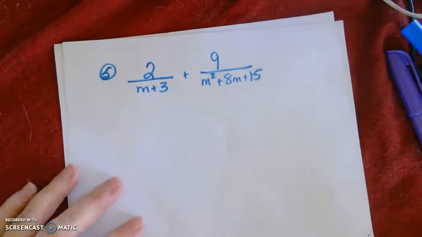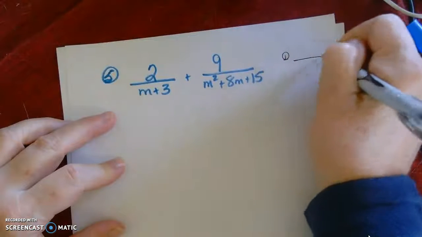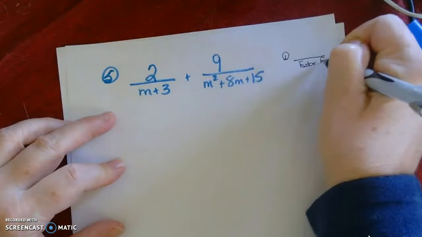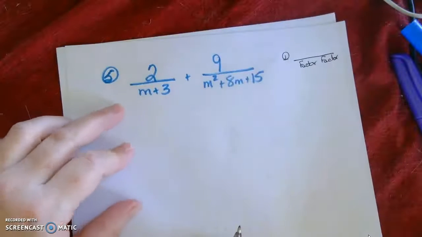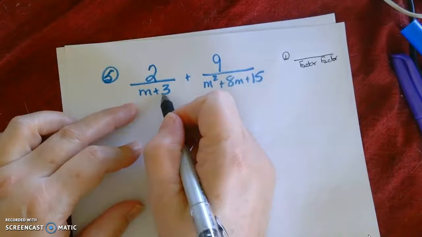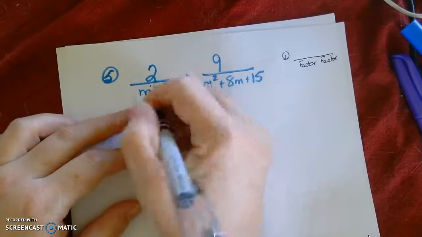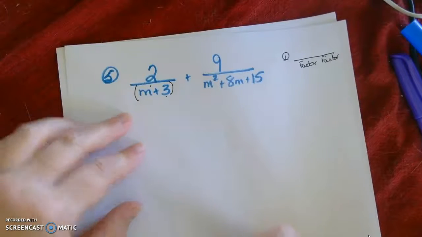Okay, so we are ready for step 1, which is we are going to factor our denominators. The first denominator, m plus 3, m is to the first power. All I can look for is a GCF. My GCF is 1, so I'm just going to keep it as m plus 3.